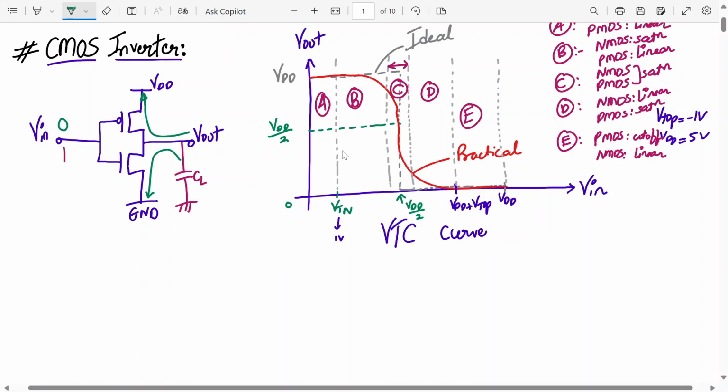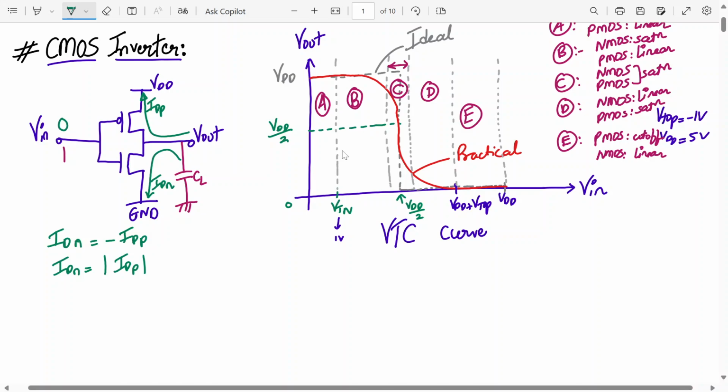This current is called IDP, the drain current for the PMOS transistor, and this is IDN. Ideally, under static conditions IDN is equal to minus IDP, but normally in all the textbooks they write that the drain current flowing through the NMOS is equal to the magnitude of the drain current flowing through the PMOS. This is true for all the operations.